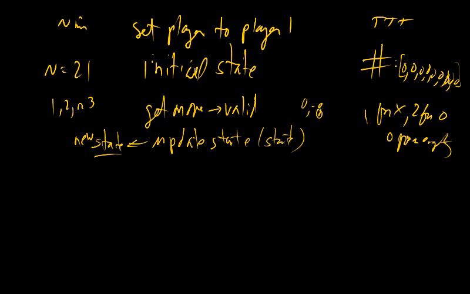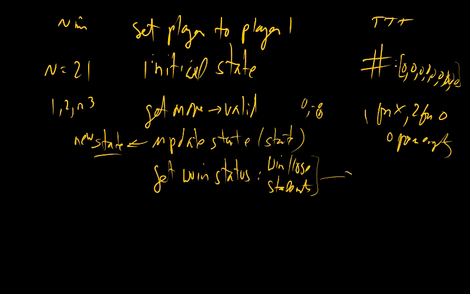Then we update the state, and then we get the win status, which can be a win, a lose, or a stalemate. If it's a win or lose or stalemate, that ends the game. Otherwise, we switch players.